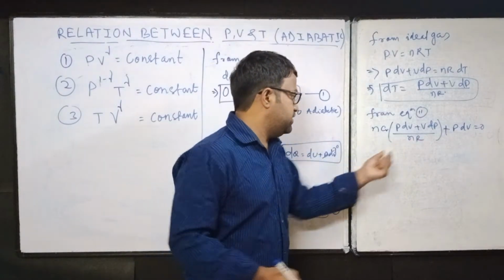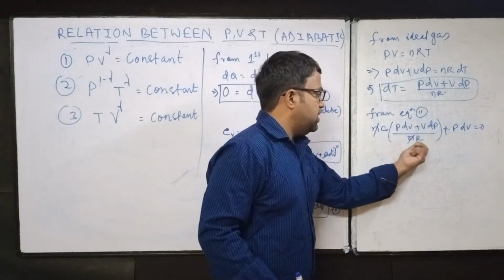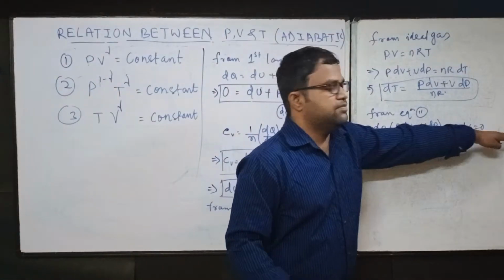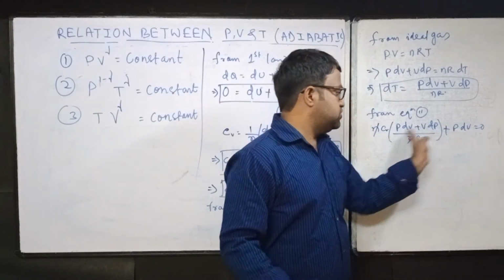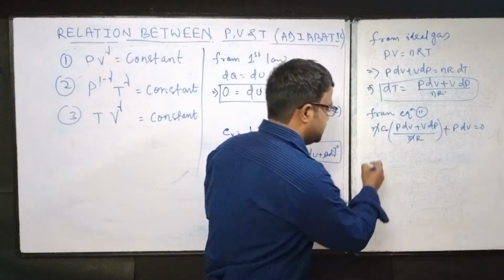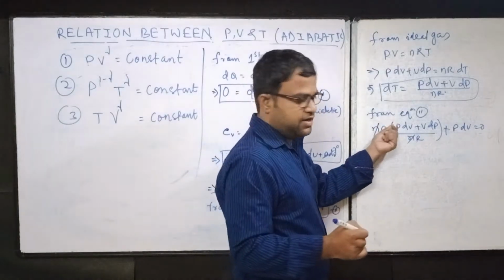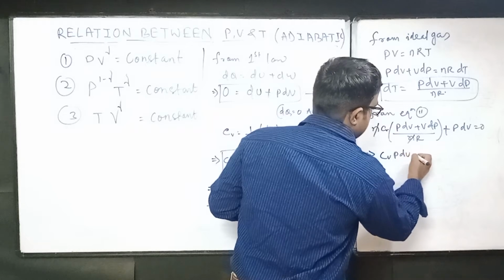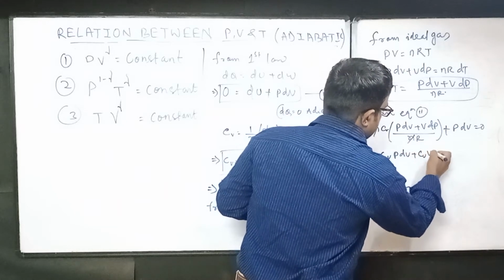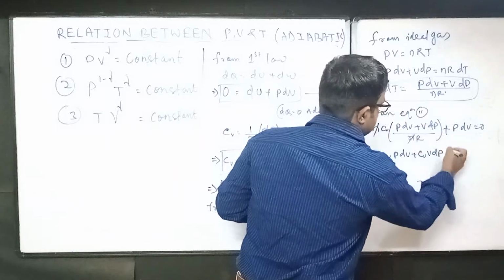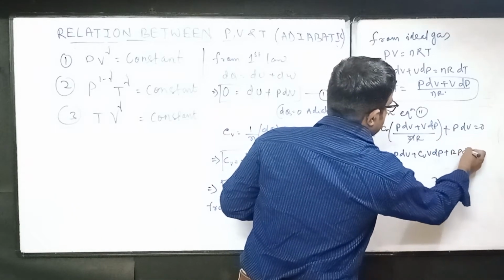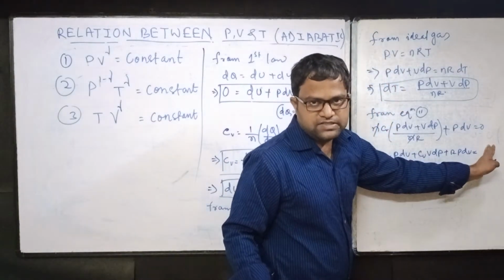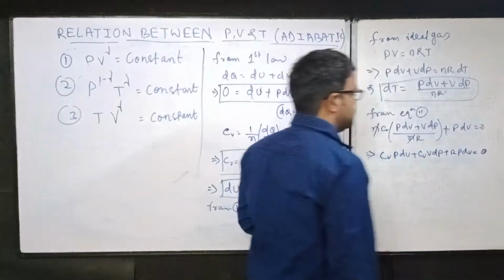Now n, the number of moles, is cancelled out. I'll take LCM R, so R I'll multiply here, and R I'll multiply with 0. I'll take it to the right side, so it will become 0 because it's a constant. So my equation, I'm doing it directly, I think it's clear: Cv PdV plus Cv VdP, this R is the LCM, so it will be R PdV divided by R. I'll take R to the right side, it will be multiplied with 0 and it will become 0.